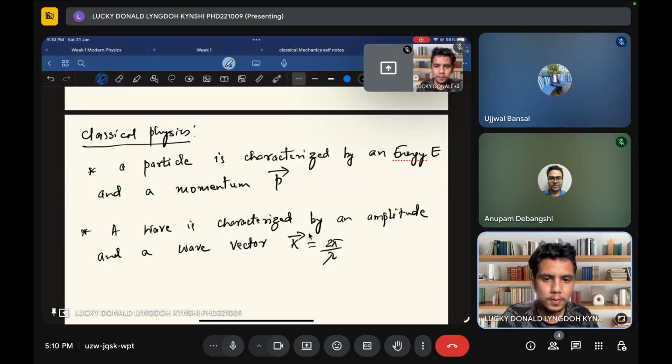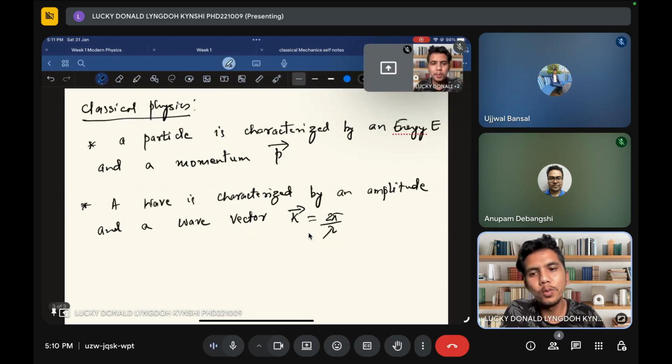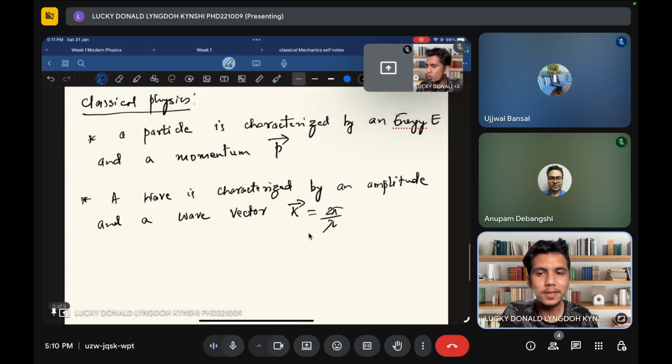So according to classical physics, a particle remains a particle and a wave remains a wave. They are mutually exclusive, that means they are independent of one another. But is it true? If we go to quantum mechanics, is it true or not?